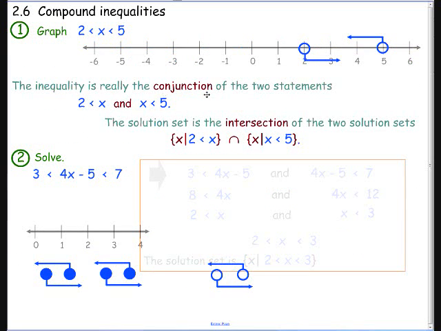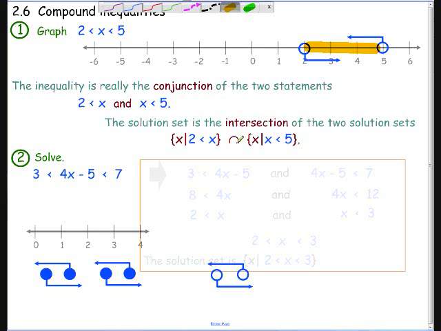The inequality is really a conjunction of these two statements, and graphically it's from here to here, not including the boundary point. The solution set is the intersection of the solution sets for each of the separate statements. And it could be written in set notation like this.